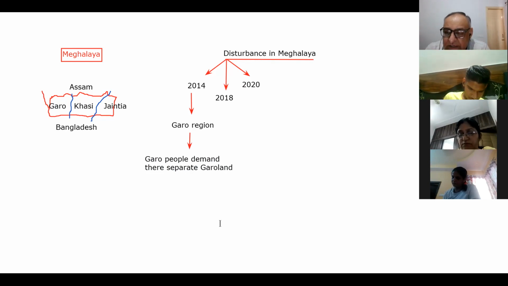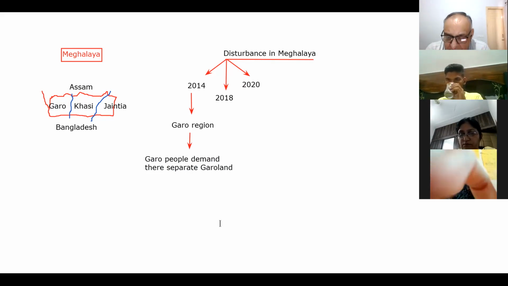So that is a common sentiment which prevails in almost all the northeastern states. So the people of Meghalaya are not happy with the outsiders living in the state, and they think that they have occupied and captured their land, right?